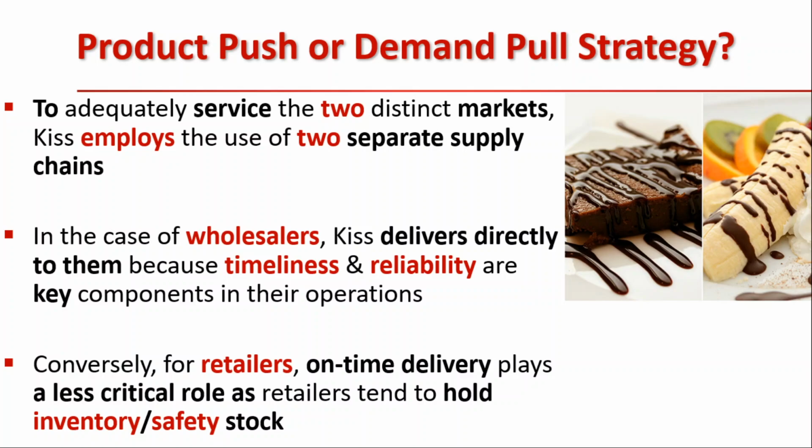As opposed to retailers, where on-time delivery plays a less critical role because retailers tend to hold inventory or safety stock, so they do not require the timeliness or reliability of wholesalers. With the retailers, once the bread is still on the shelf, KISS usually takes it back and replaces it.